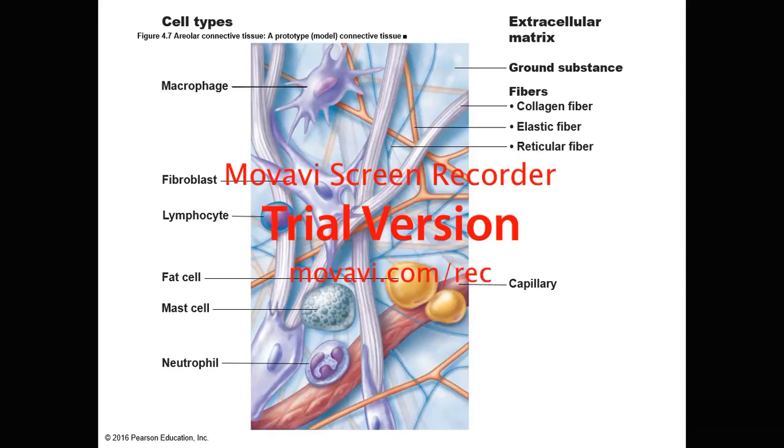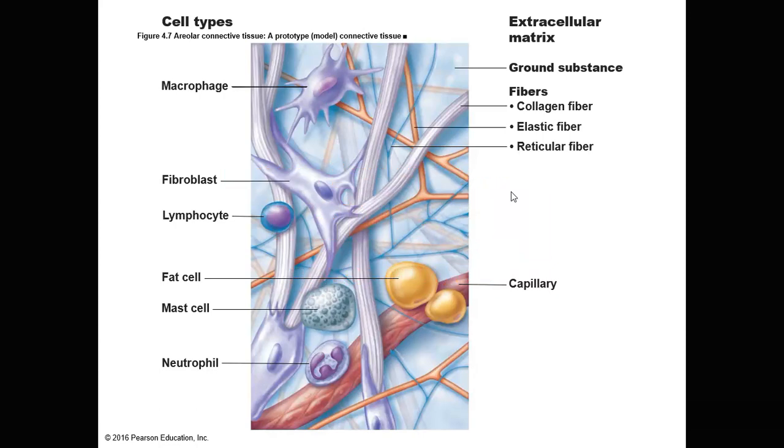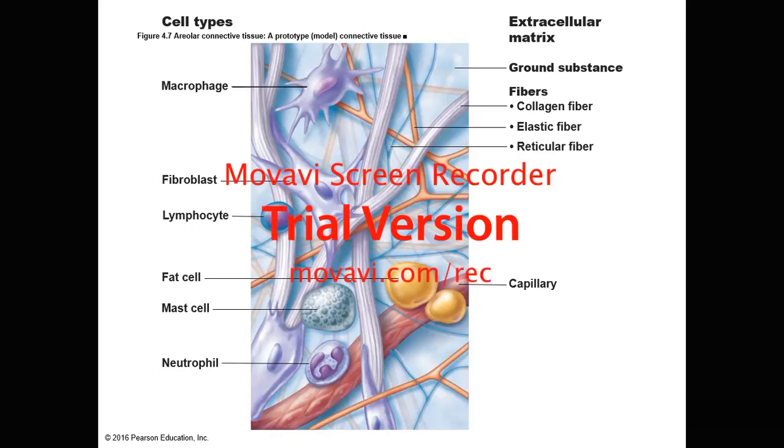They also produce adhesive proteins, and they also make the ground substance, that gel-like fluid in between the cells. So fibroblasts produce all of that, the collagen and elastin fibers, and they also produce the ground substance. So the fibroblast is mainly responsible for the extracellular matrix.